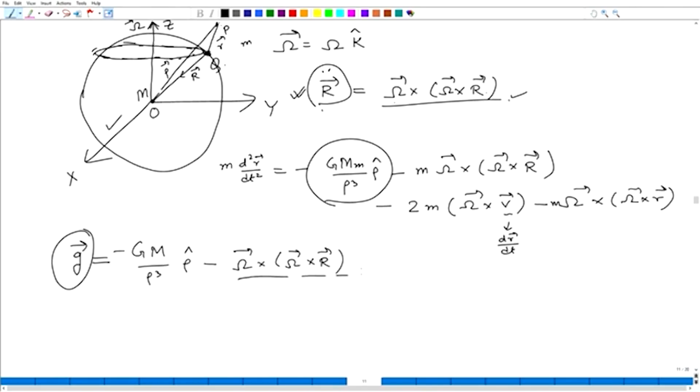So, that is an attraction force due to the mass interaction, a gravitational interaction between the earth and the particle. This one, with this minus sign, is acting radially inward, and this one, with this minus sign, is acting outward.